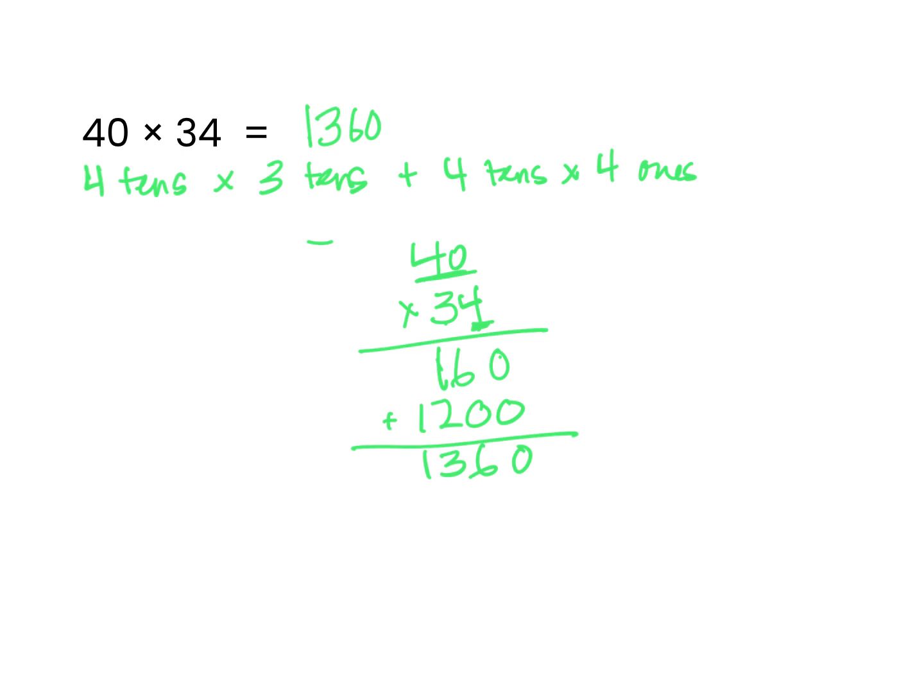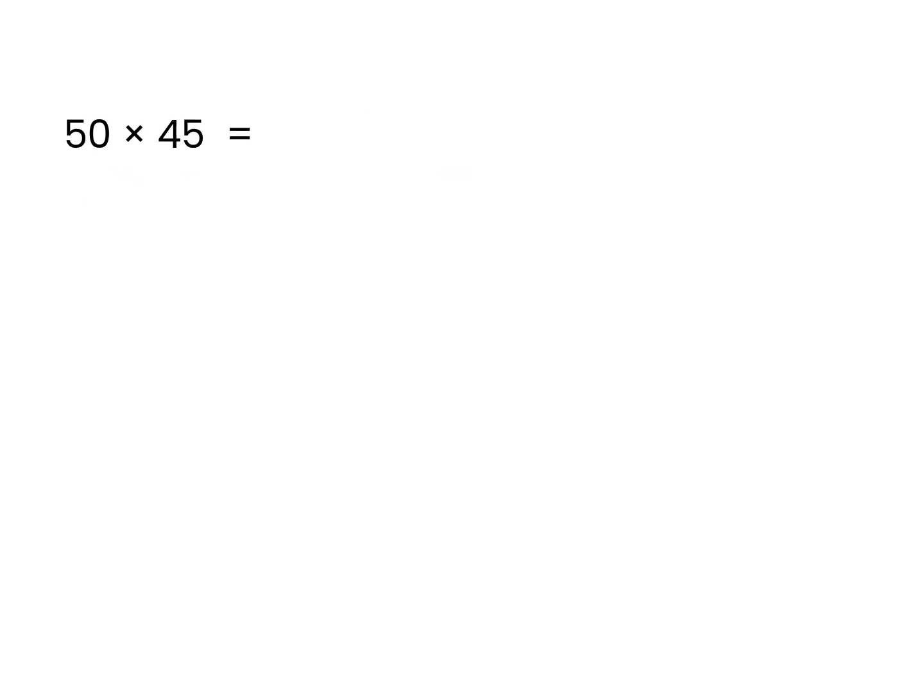If this is not coming straight to you and you're feeling a little bit confused, we are going to talk about it more in the lesson. But here is our last one. We'll look at 5 tens times 4 tens plus 5 ones. Okay, alrighty. So we're going to write it vertically as 50 times 45. And again, we're going to think of that as 5 tens times 5 ones.